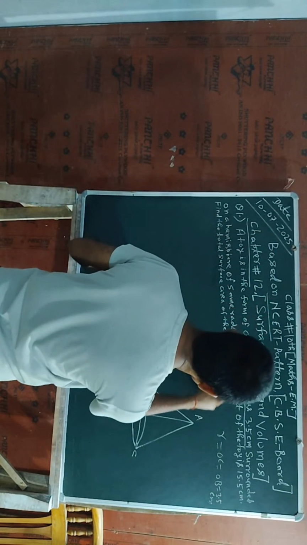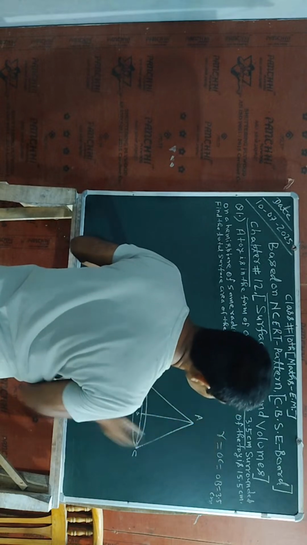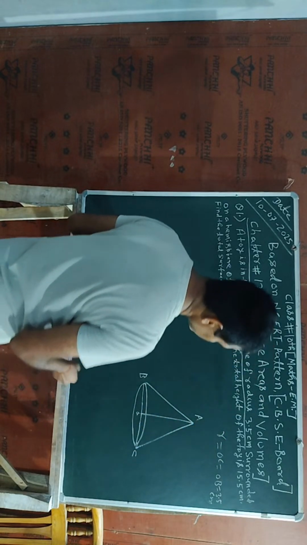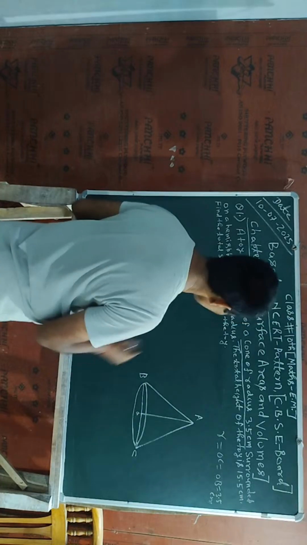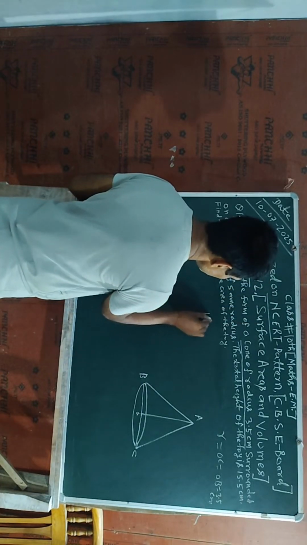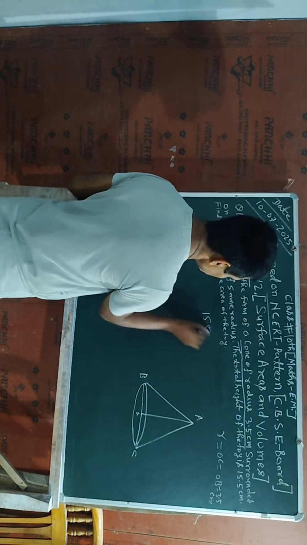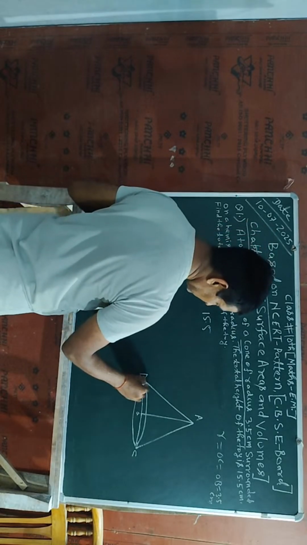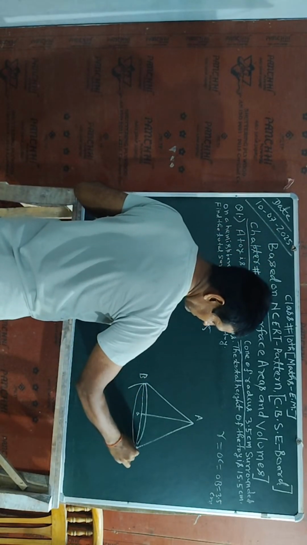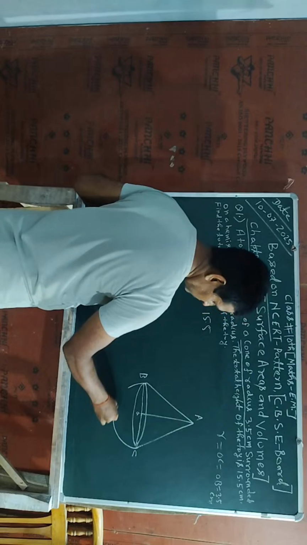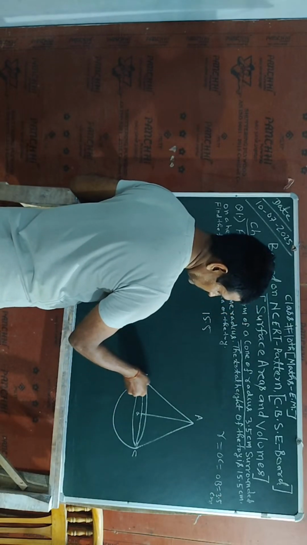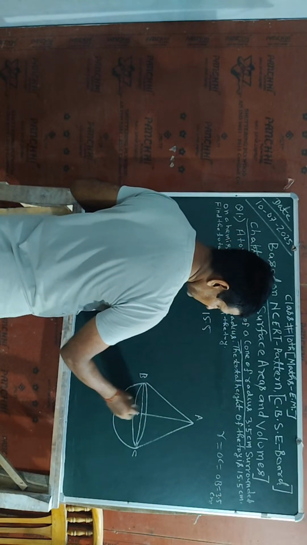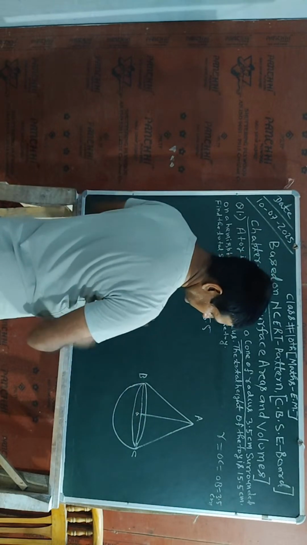The total height of the toy is 15.5 centimeter. It means 15.5 centimeter. Now here I will take a radius of a hemisphere, and this hemisphere also has a radius of 3.5 centimeter.